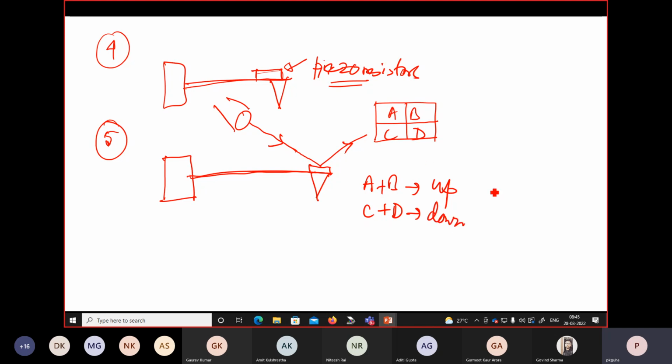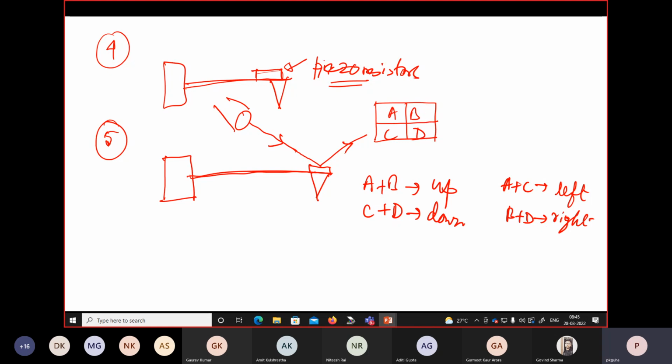Similarly, if the A plus C photodetector current increases, then you can say the reflected light is at left, and if B plus D increases, the reflected light is on the right-hand portion of your detector.